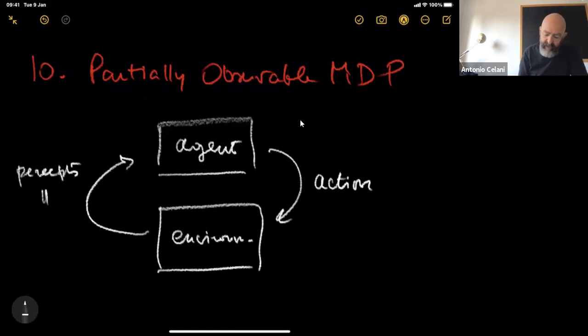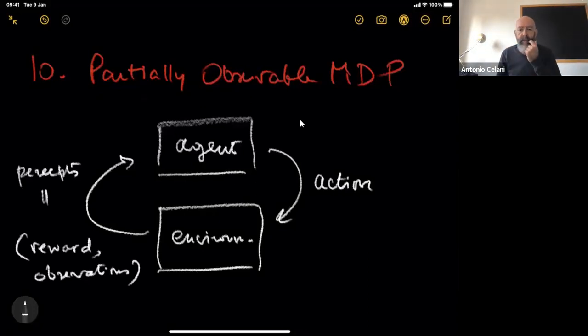And the percepts are actually split into a pair of objects, rewards and observations. So rewards are the part of the percept which pertain to the goal. We construct our goal starting from rewards, and observations give contextual information.